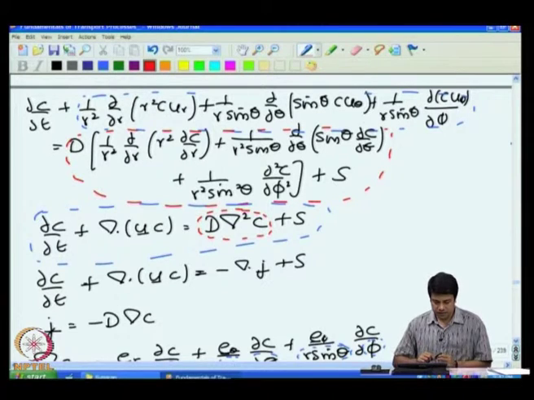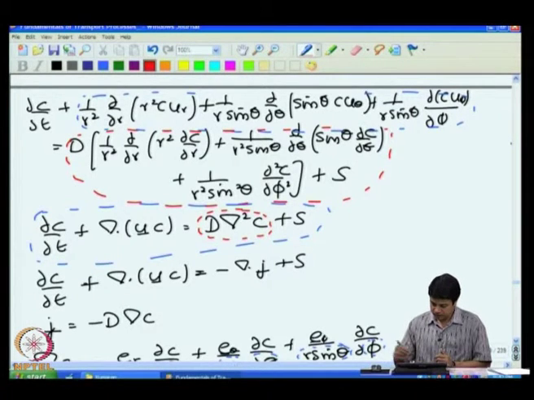And the Laplacian operator is shown on the right: 1 by r square d by dr of r square partial c by partial r plus 1 by r square sin theta d by d theta of sin theta partial c by partial theta plus 1 by r square sin square theta partial square c by partial phi square.